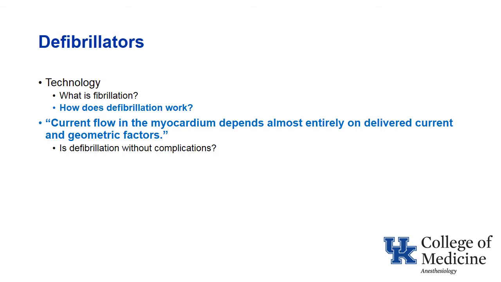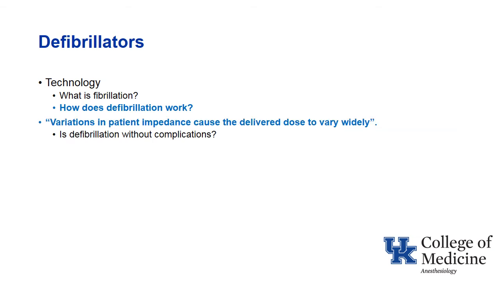Current flow in the myocardium depends almost entirely on delivered current and geometric factors. Unfortunately, most defibrillators do not indicate the delivered dose of current. The actual dose of electricity which is delivered is actually quite variable.